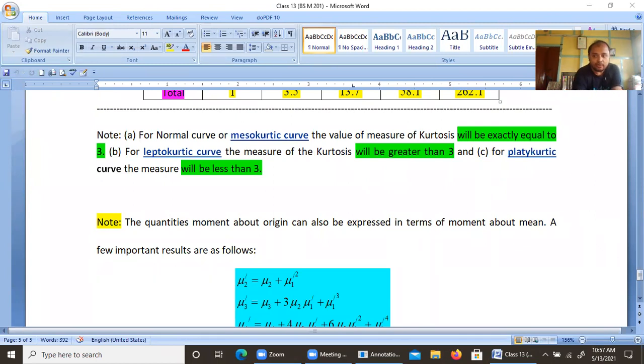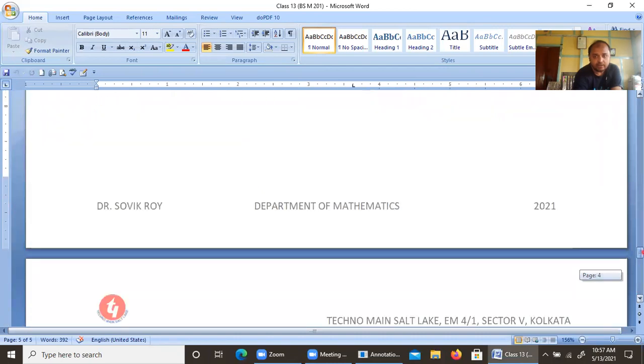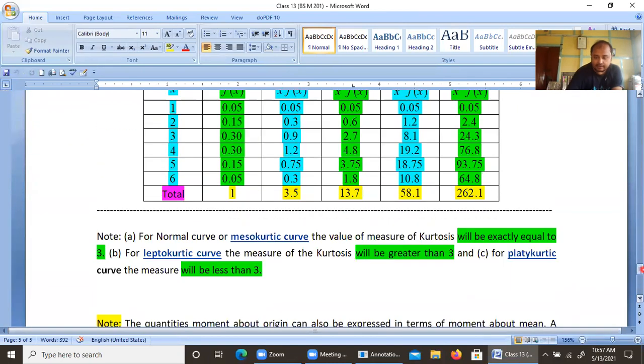So we can note down these things in some other way also. What was the notation that we used to calculate the measure? Alpha 4 was the measure. So you can write it in the following manner: if we have a mesokurtic curve, then alpha 4 is equal to 3, which implies that alpha 4 minus 3 will be equal to 0.